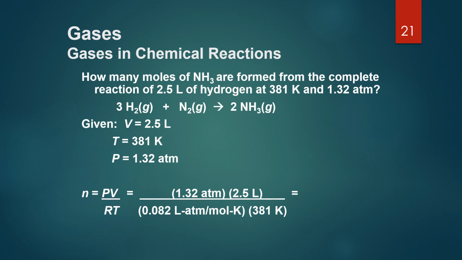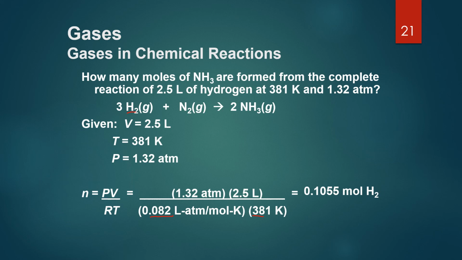I have that R value, that constant, given to me on the equation sheet, and then I multiply that by my temperature in the denominator. Plugging those numbers in, I get 0.1055 moles of H2. So now I have moles of H2.